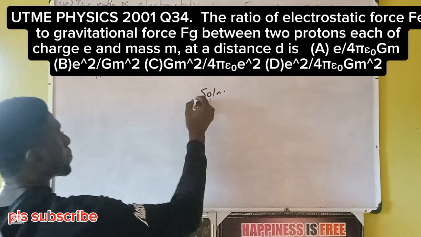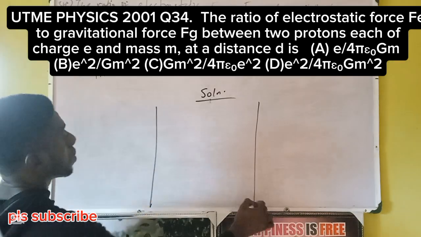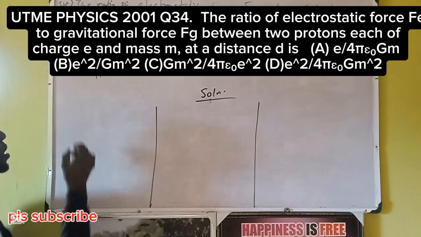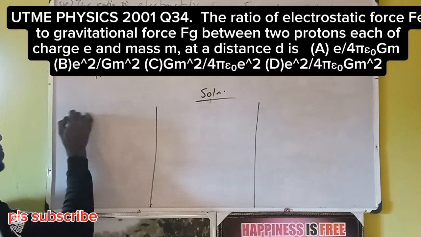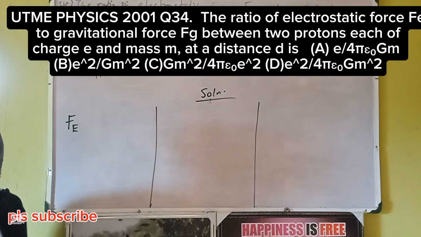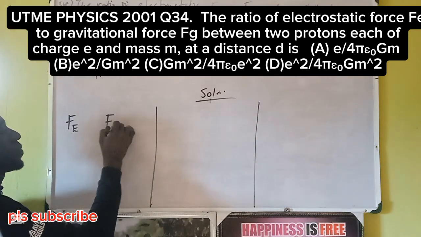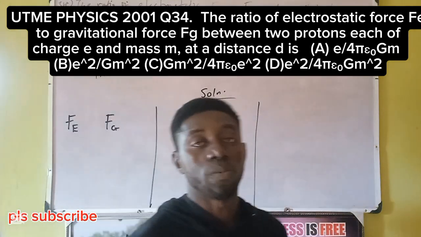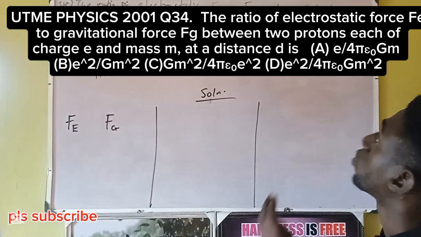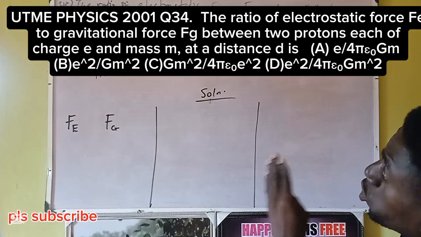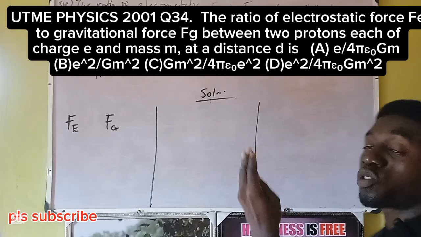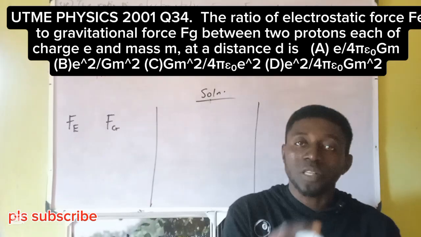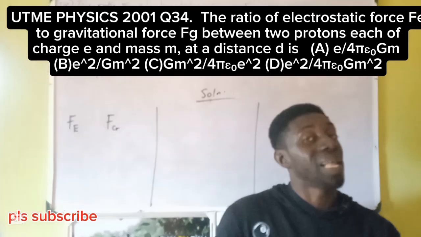Solution. Let's call electrostatic force Fe and gravitational force Fg, capital G, subscript g. Follow the question. Be very careful with the question. The question says ratio of electrostatic force to gravitational force. So what comes first is electrostatic, what comes last is gravitational.